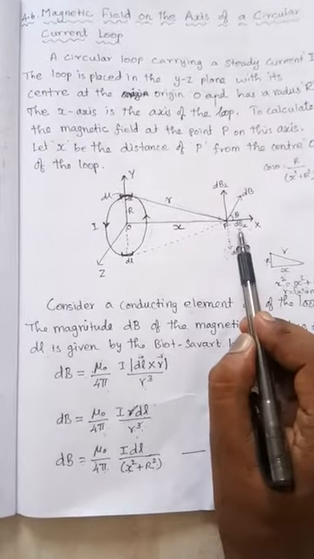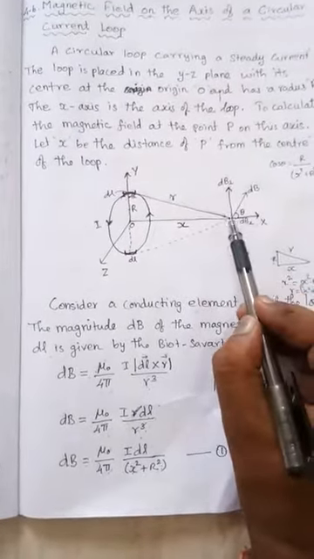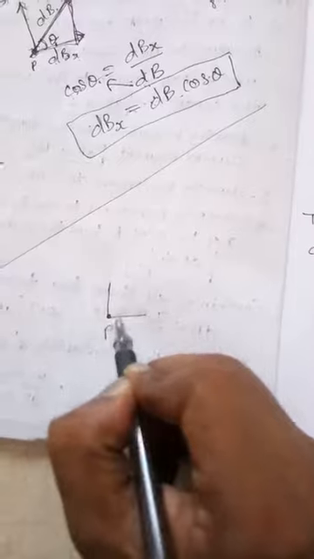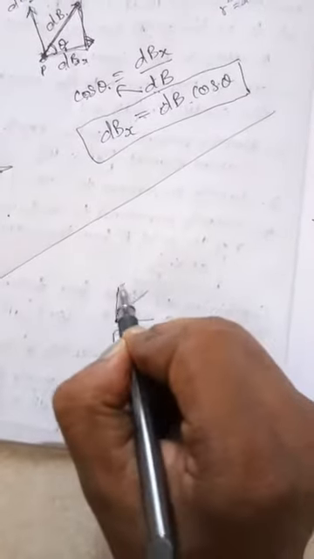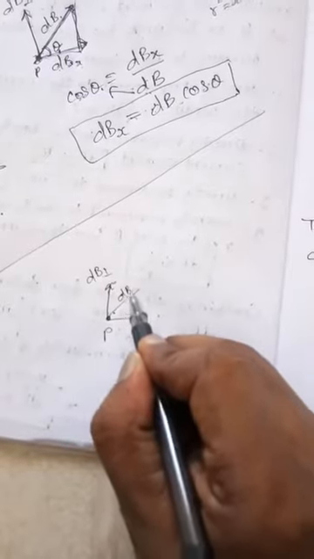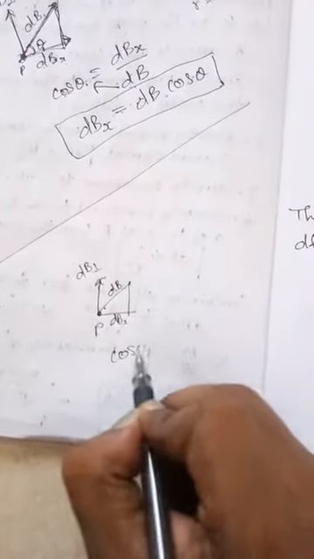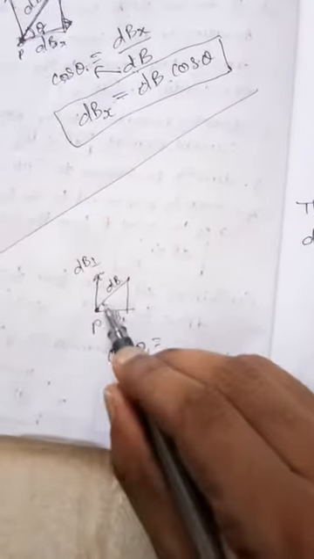We want to find dBx. Consider the triangle at point P, with dB perpendicular, dB and dBx. We want to find cos theta.